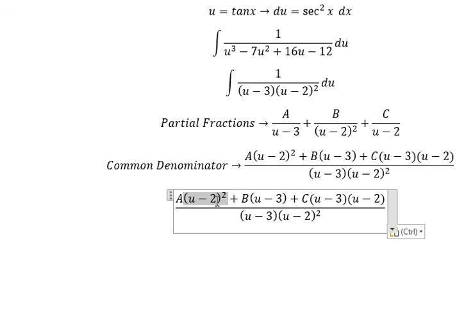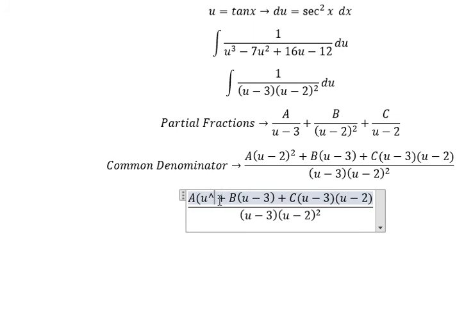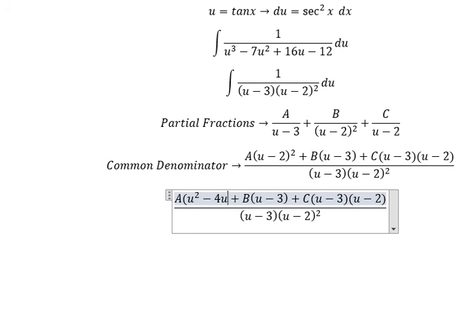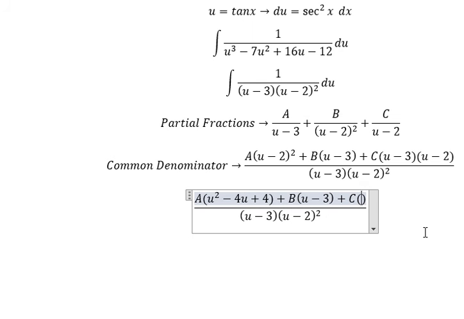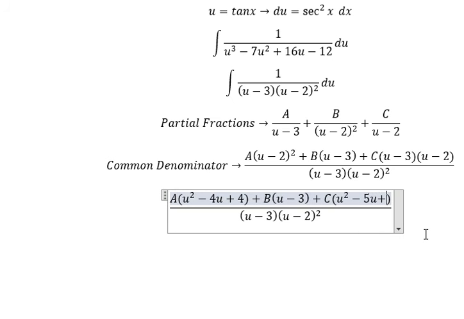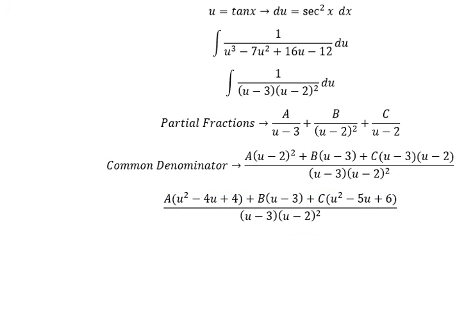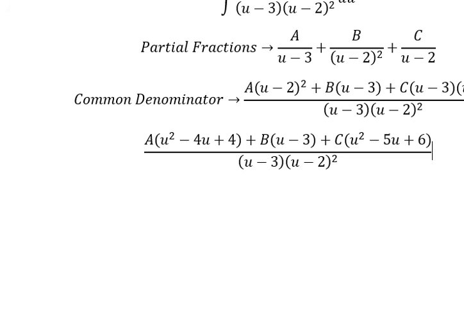Next, we need to expand this one. This one we have u squared minus 5u plus 6. Next, we need to arrange based on the terms of u.